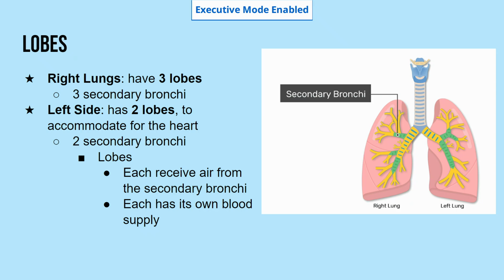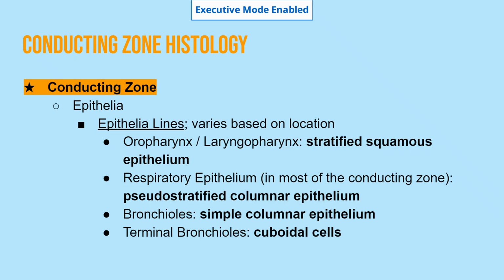The left side has 2 lobes to accommodate for the heart. And then in the picture, you can see the secondary bronchi are highlighted in green. So you can see both of the lungs have 1 primary bronchi and then either 2 or 3 secondary bronchi.